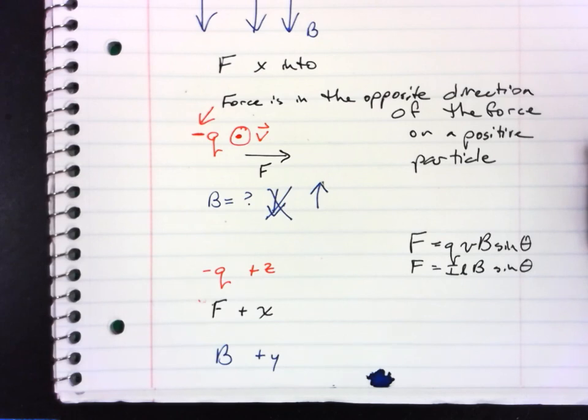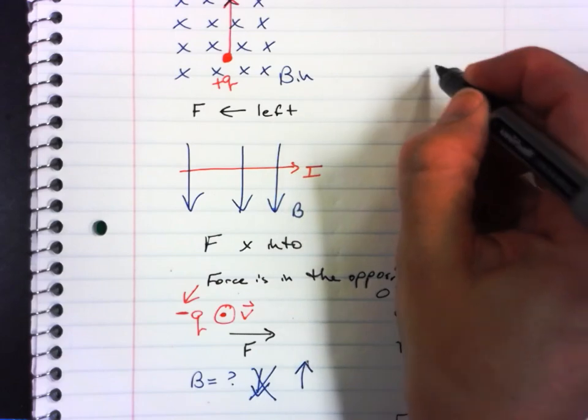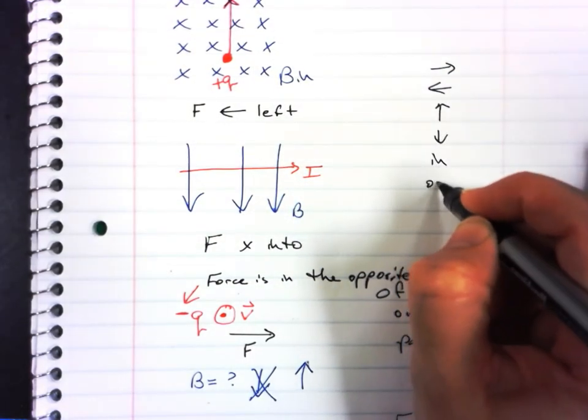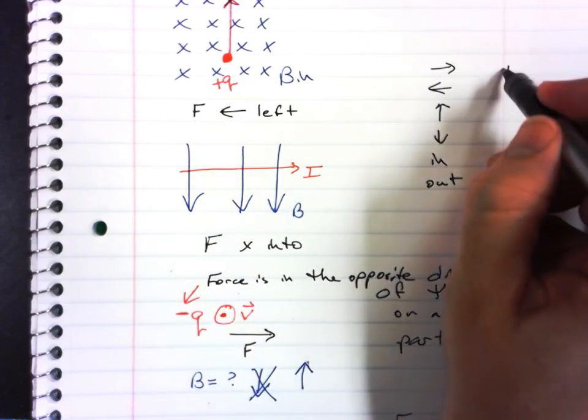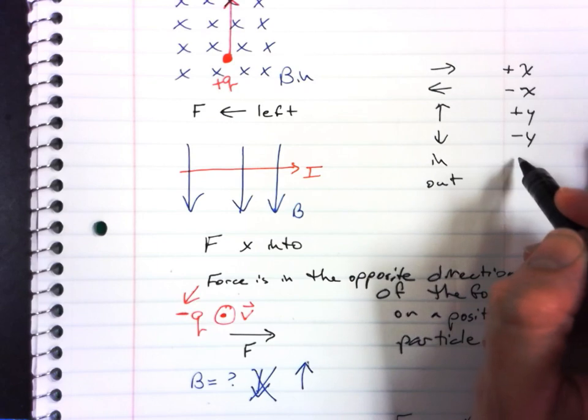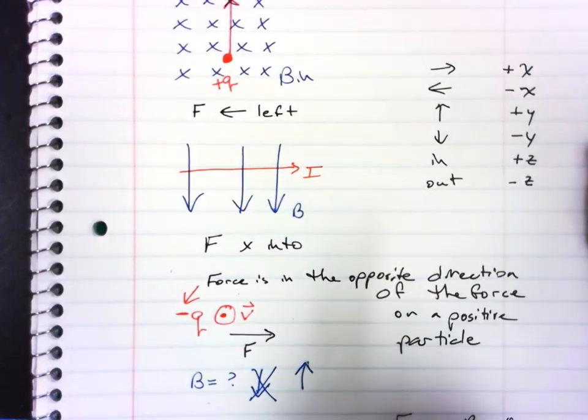Then, on the second assignment, you're going to do 12 right-hand rule questions. And when you do them, I actually made them multiple choice because your answer choices can only be, remember the list, right and left, top and bottom, in and out, or positive x, positive y, positive z, negative z.